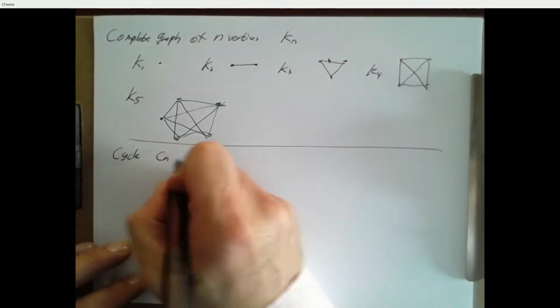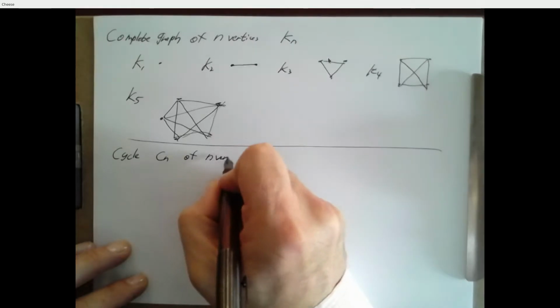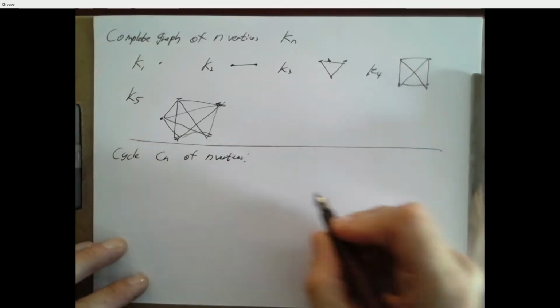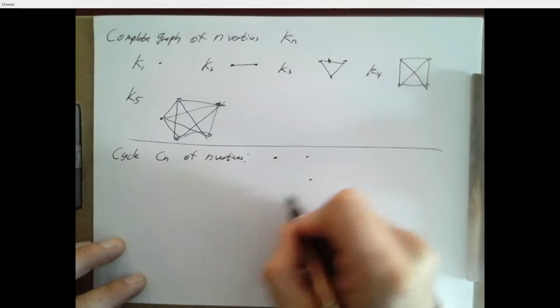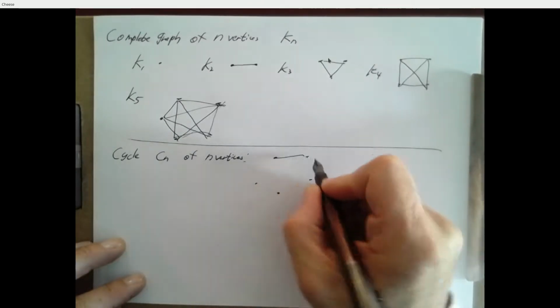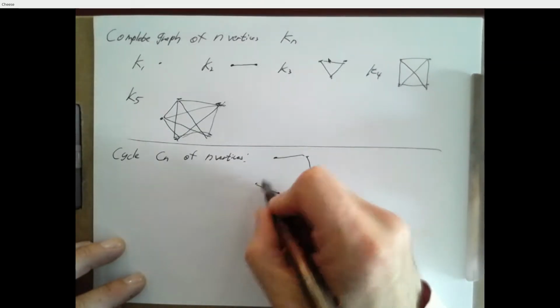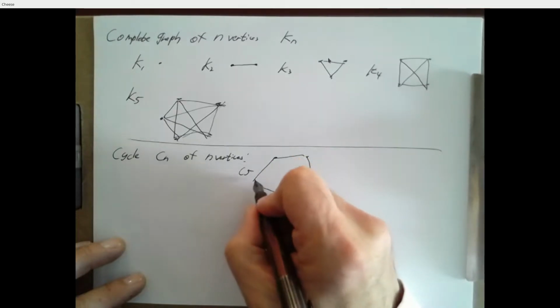A cycle C sub n of n vertices is pretty straightforward. It's just something like this. So this is C5, for example.